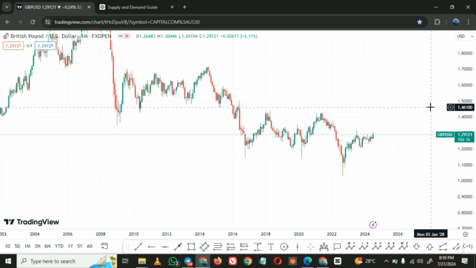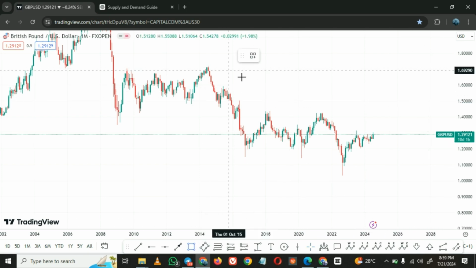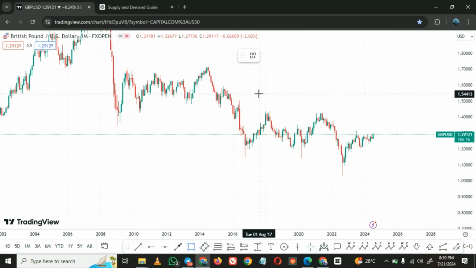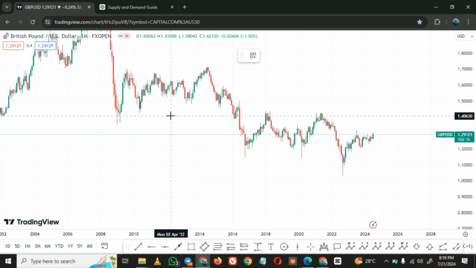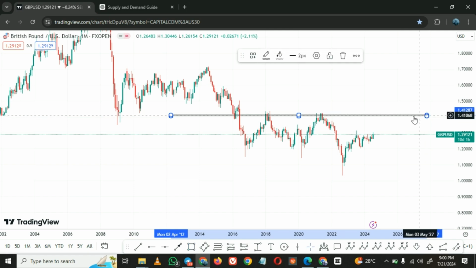So without further ado, let me pick my major tools to understand. In order to understand the full meaning of demand and supply, let me draw a simple market structure, a simple analysis of what demand and supply is all about.